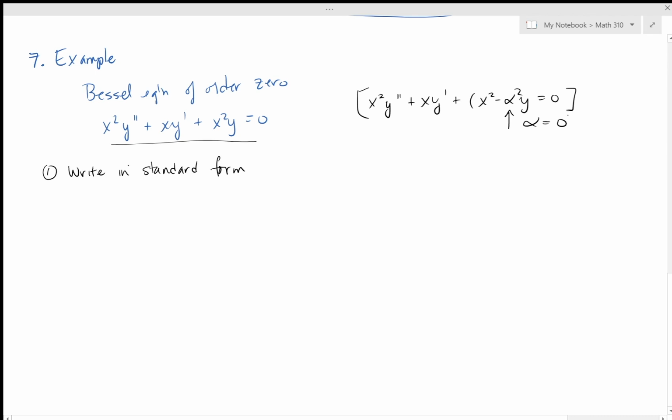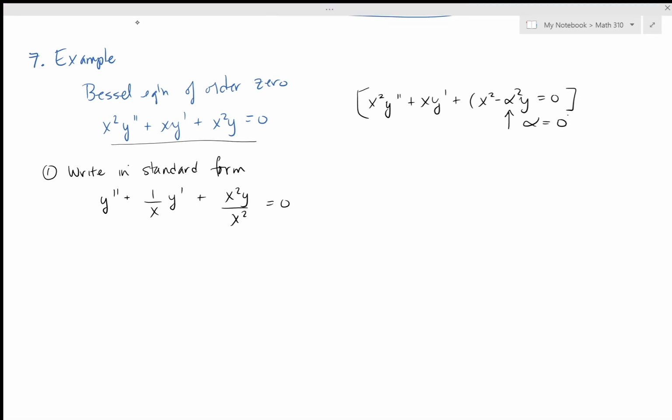That will ensure that we're near a regular singular point, and also we'll be able to see what the P naught and Q naught are, the first two constant terms in the power series of the coefficient functions. So I'll write this in standard form looking like this: y double prime plus 1 over x y prime plus (x squared over x squared) y equals 0.